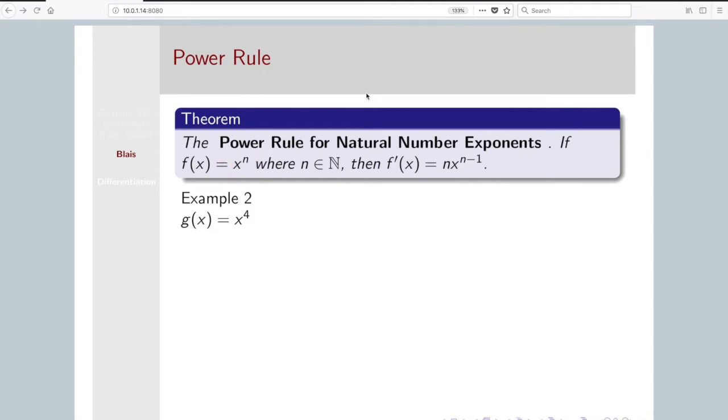So for instance, when we have g of x equals x to the 4th, g prime of x, power rule says take the 4 and bring it out front, and then reduce that exponent by 1. We get 4x cubed.